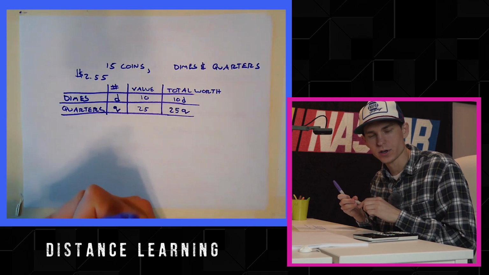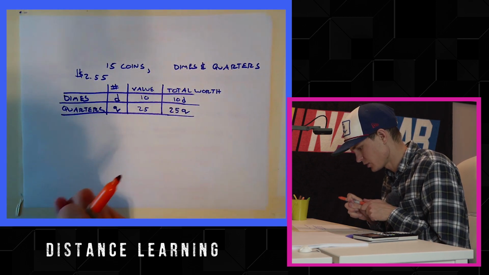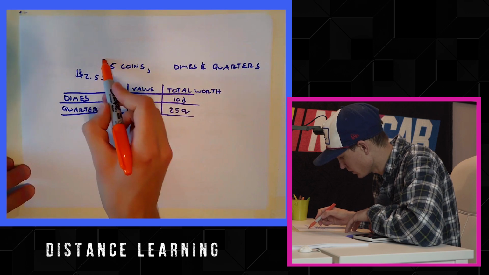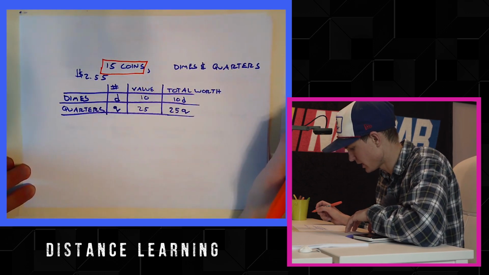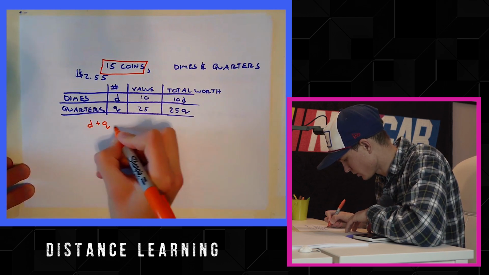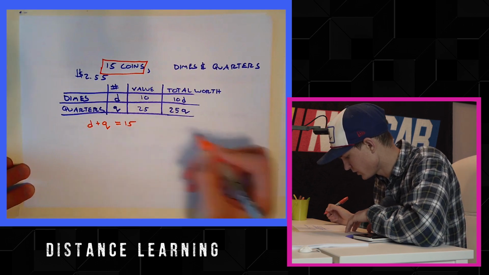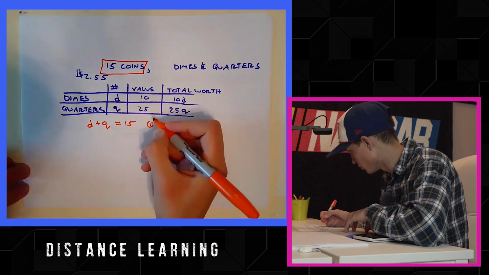We've been doing everything so far with 2 equations this chapter. We're going to continue that trend. So, this 15 coins is the first key piece of information that we have. So my number of dimes plus my number of quarters has to equal 15 total coins. That is my equation 1.